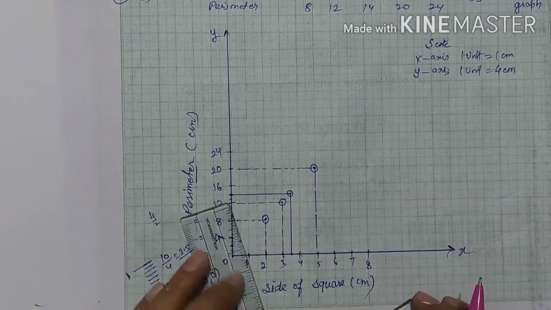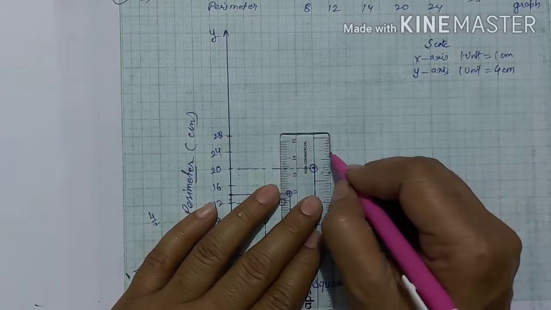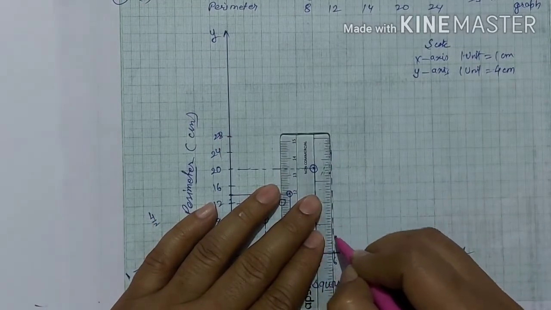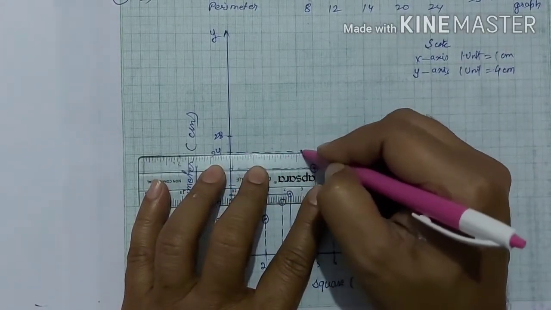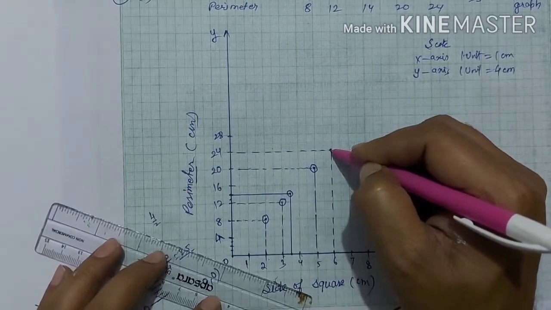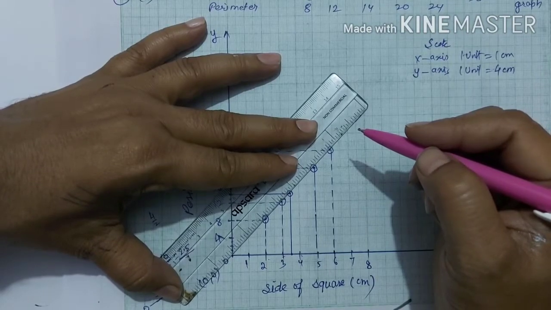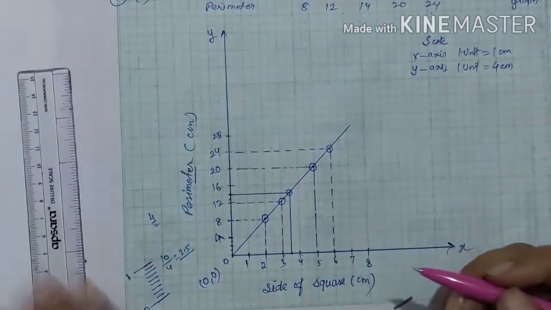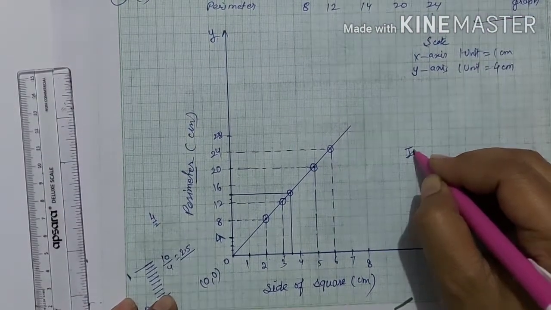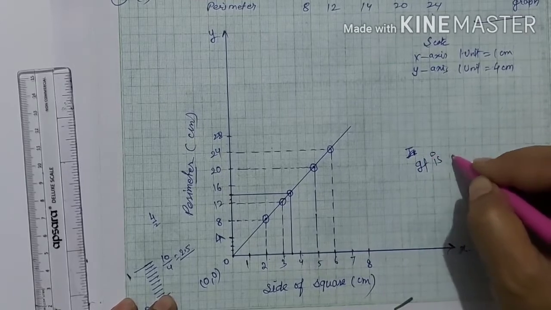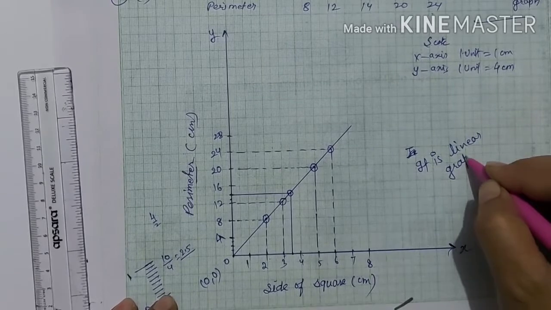Next is 6 and 24. Here 6 and 24 is this point, and join them. Okay, it means it is a linear graph.